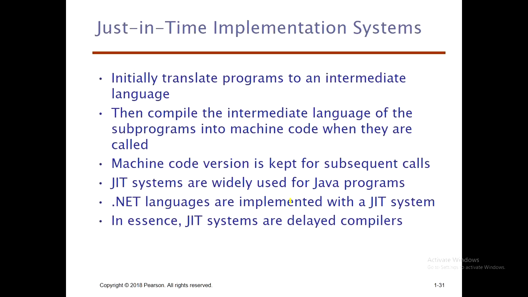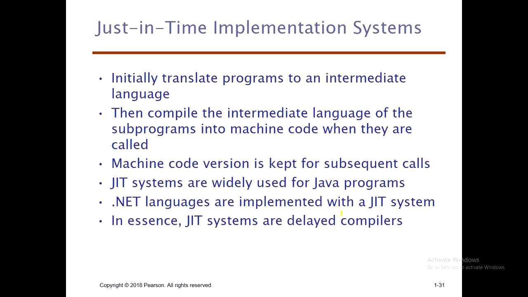The last one is called the just-in-time implementation system, whose short name is JIT. This is actually used to translate programs to an intermediate language. Then after that, it will compile this intermediate language of subprograms into machine code and make them like functions before they are called to be executed.